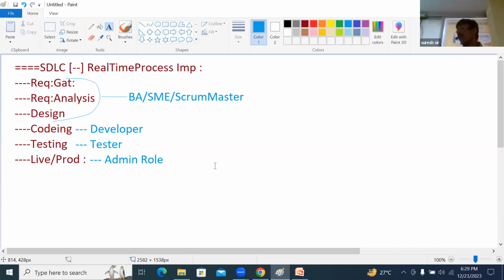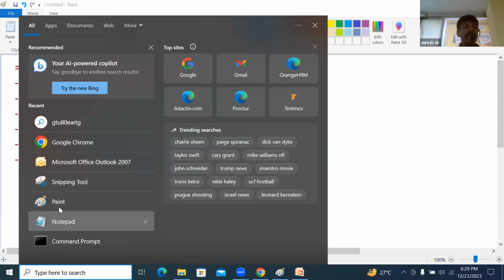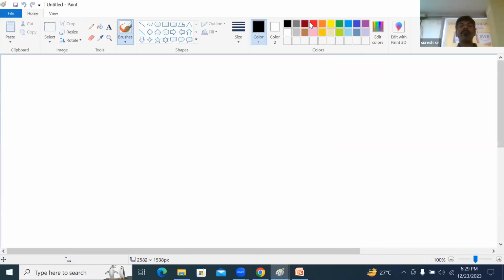You need to take care in giving the explanation with respect to real time, like how exactly all these steps are done according to the real-time industry process. Let's understand this whole process in detail.